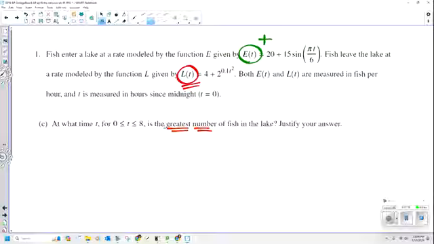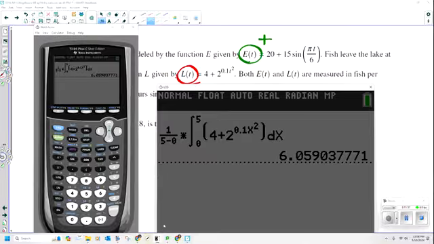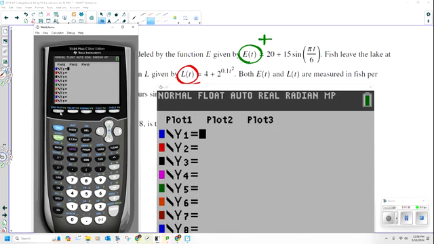I want to see the number of fish entering higher up on the graph. Let's do this on the graph to show you. Because we get the colored graph, I'm going to use green and red. I'm going to clear this out and go to y equals.